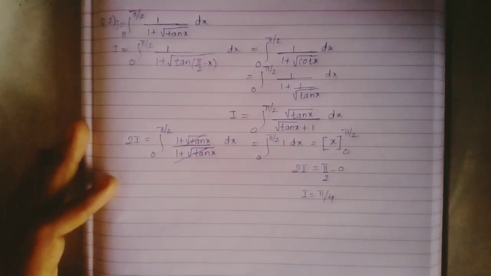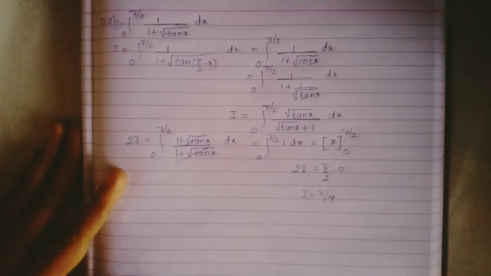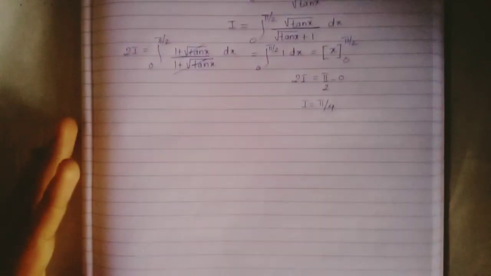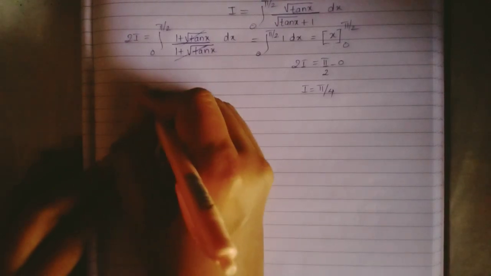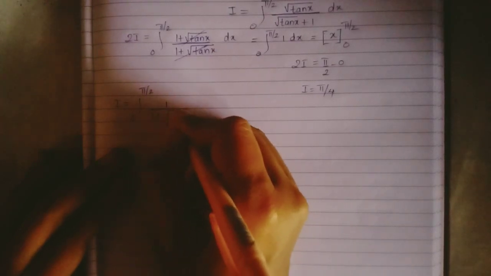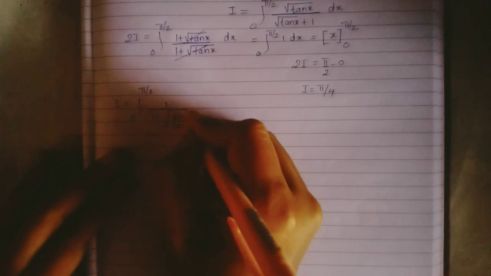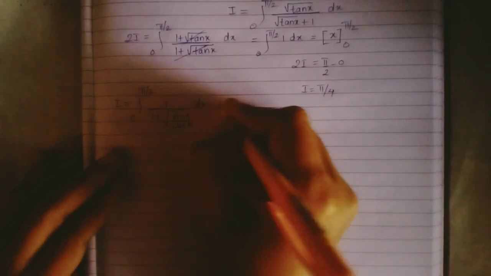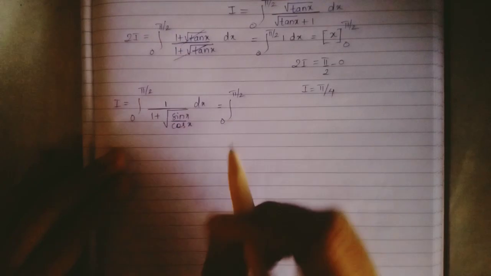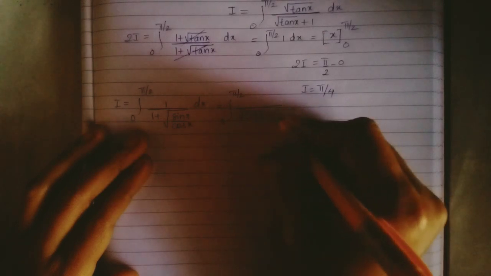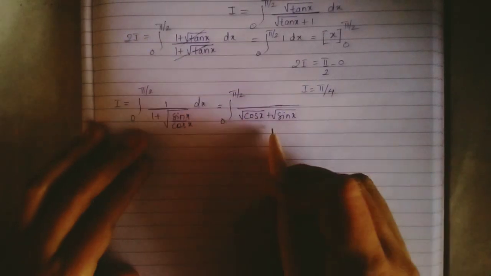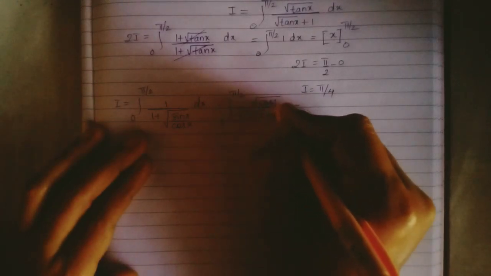Now I'll show the other method, where you convert tan of x into sine upon cos. I'll write our integral with sine upon cos. After cross multiplying, the denominator will be root cos x plus root sin x, and the root cos x will go in the numerator.